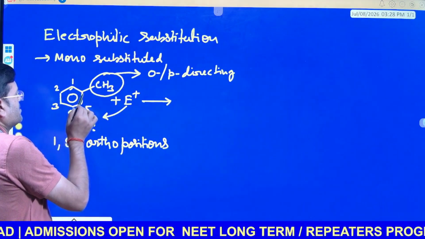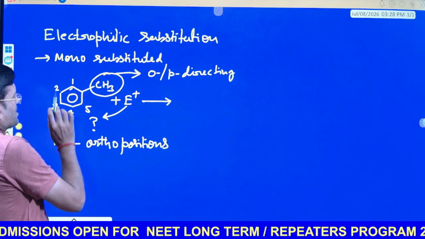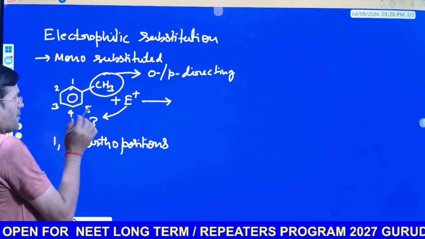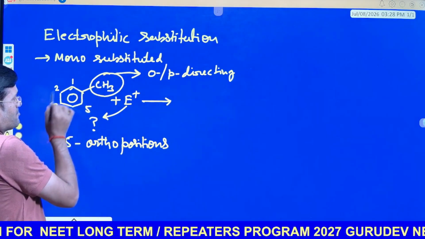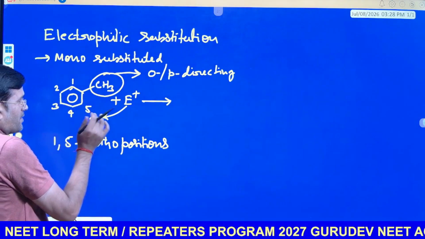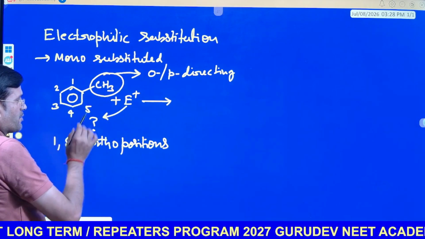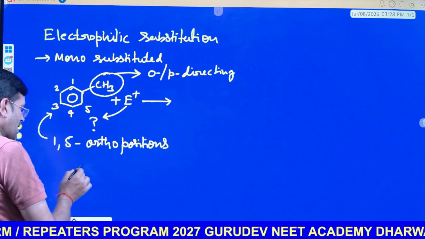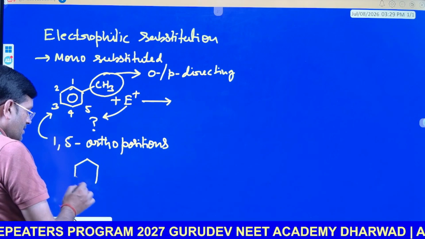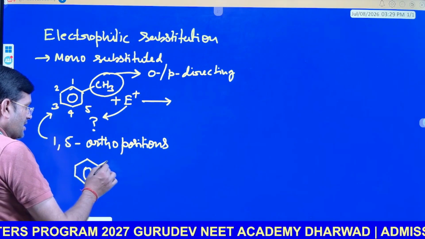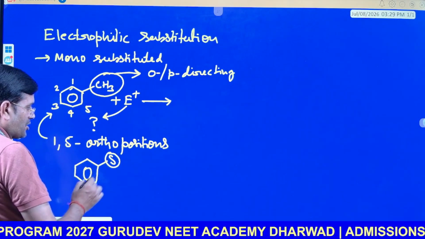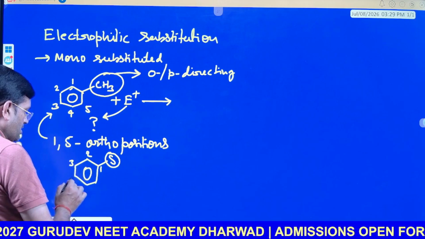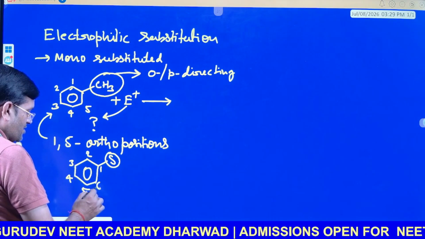Actually not 1, it is just for the counting purpose. Actual counting will start from here, but for the sake of convenience, I am just telling 1, 2, 3, 4, 5. Okay. So in this, if a benzene ring is already substituted by any substituent, this is the first position, 2, 3, 4, 5, 6.